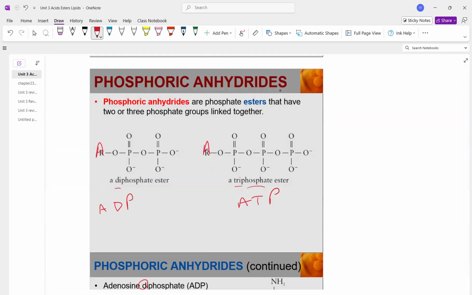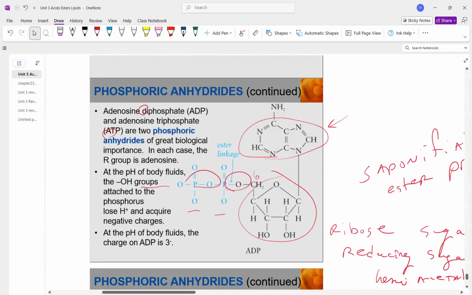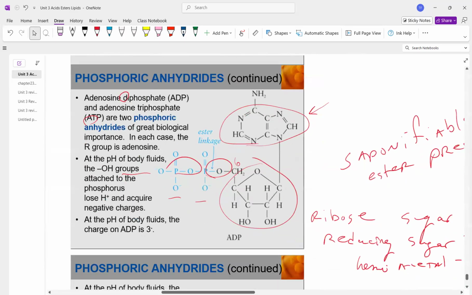So adenosine diphosphate is a phosphoric acid anhydride. Same with adenosine triphosphate. Those are anhydrides of phosphoric acid. And this is what ADP looks like.